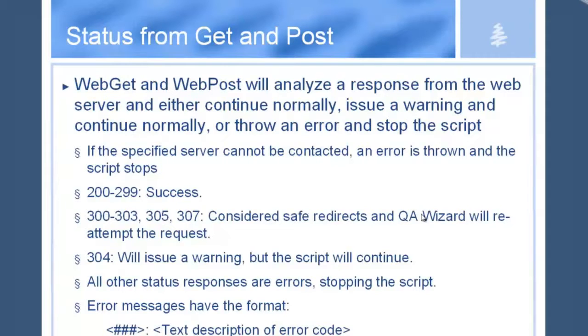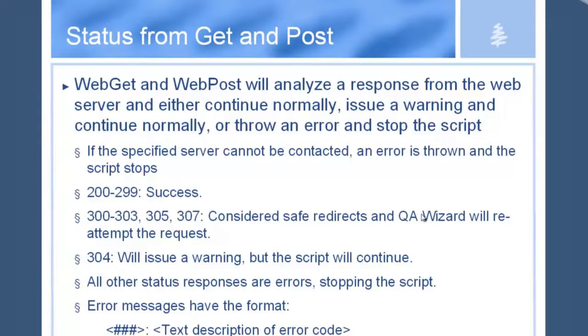Since we're not really a browser and we don't really have a cache here, we treat this as a warning, but we do continue on because the server has responded normally, but in a special way that's unique, and we want you to know about that because it's a "use your cache, I'm not going to give you the data" kind of response. Any other response we treat as an error, and we stop the script right away.